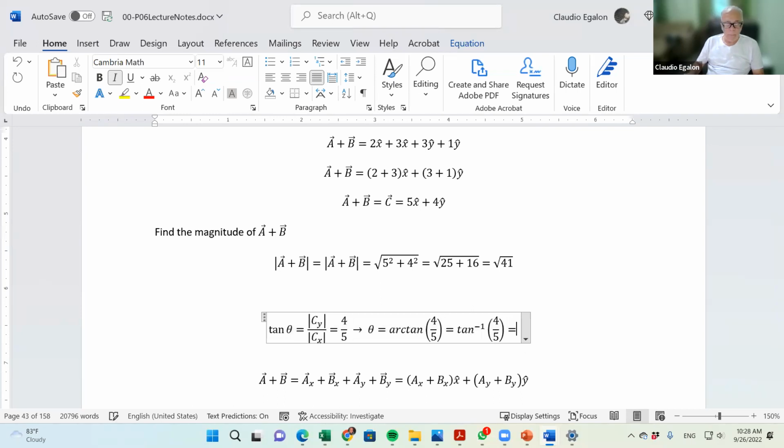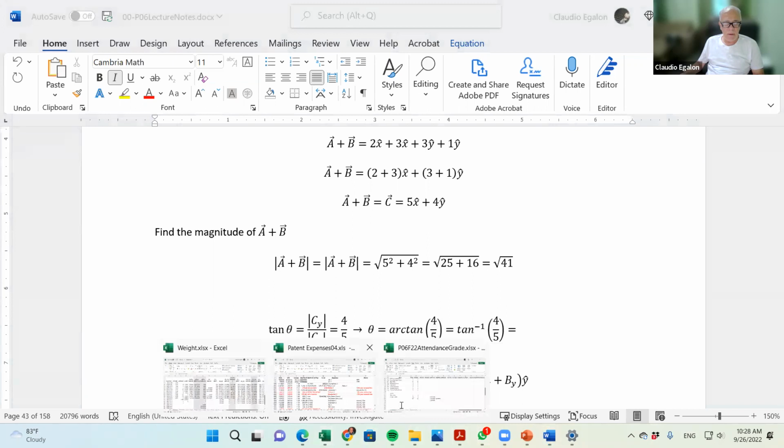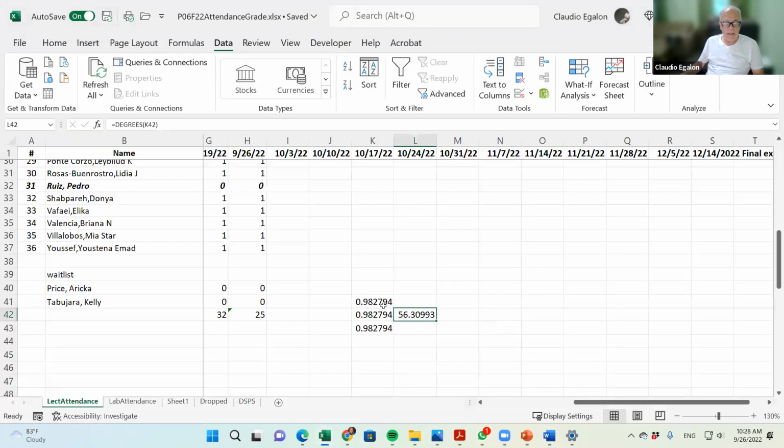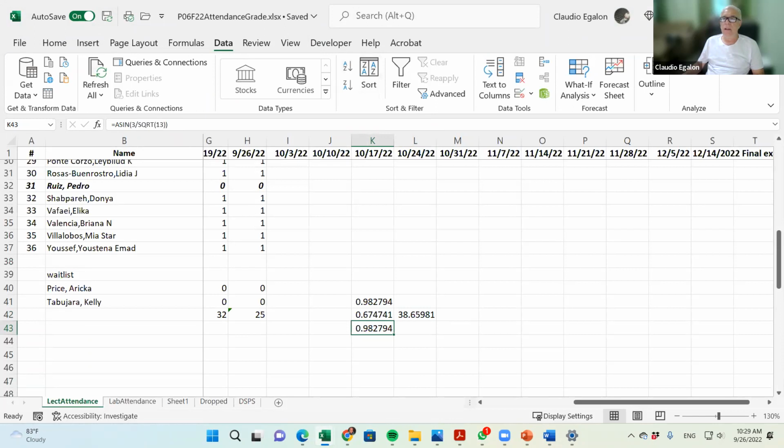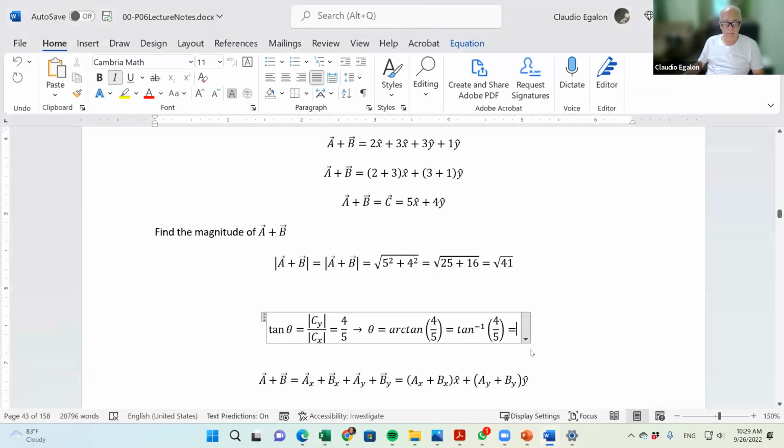Here you go, let's see what it is in Excel. 4/5, arctangent of 4/5. 4 divided by 5 is 38.65 degrees.